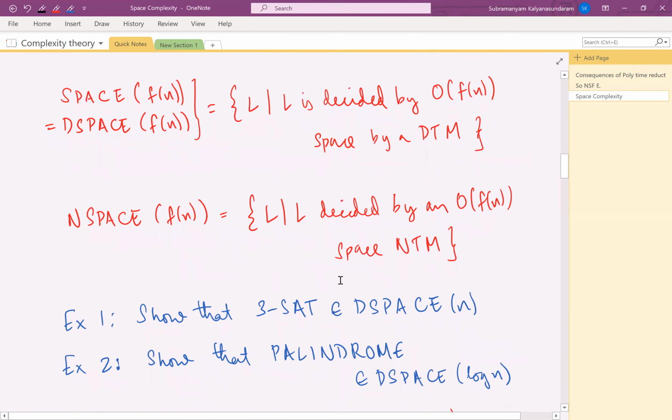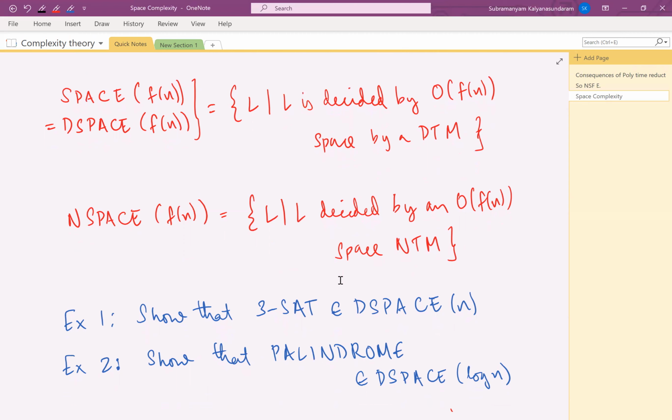Very quickly, two exercises which should be interesting. It's not difficult at all, very straightforward. We saw that 3-SAT is NP-complete. But surprisingly, you can check that 3-SAT is in DSPACE of n.